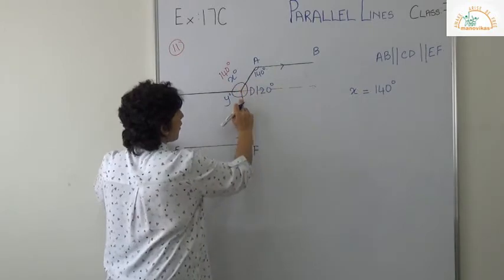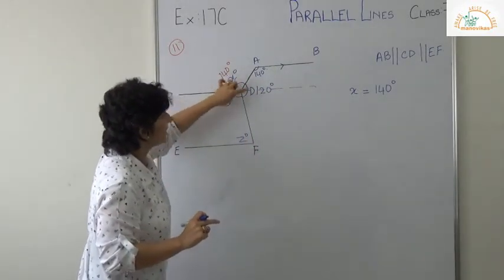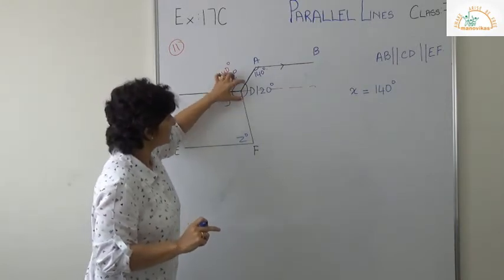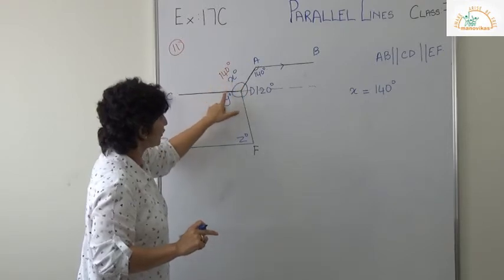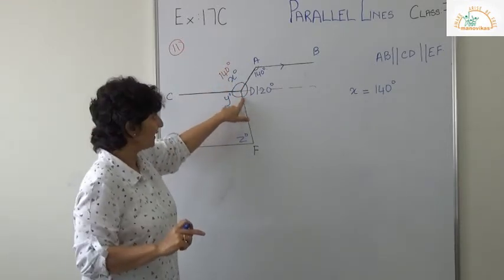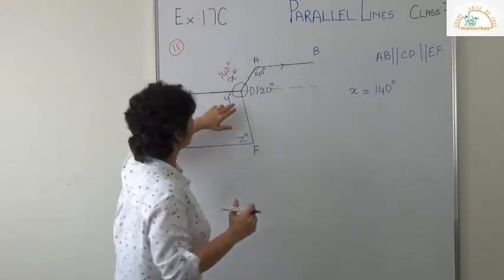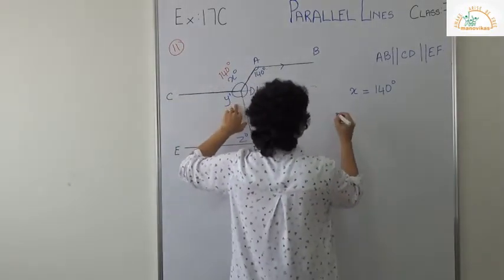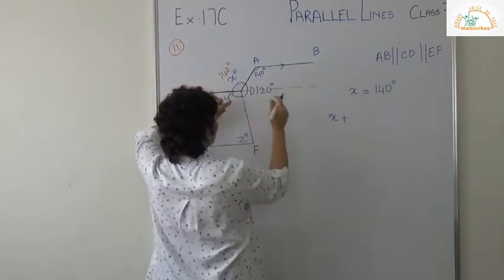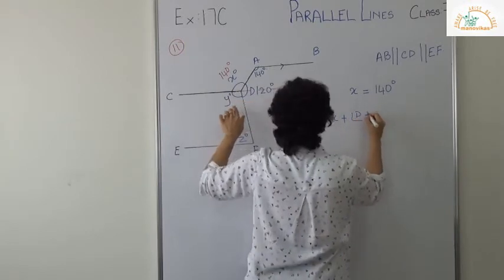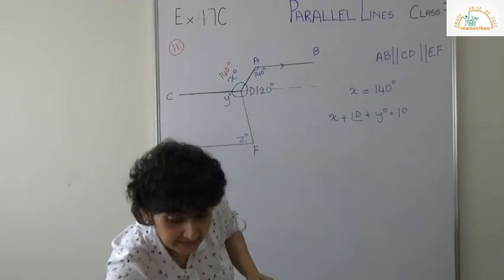Now if you take this whole thing, children, this is 140. Now this full thing is 120. It is here. This full thing is 120. This is 140. So you need to find out y. And you know this is a complete circle, isn't it? So what can I do to find out y? You know x plus this entire angle d plus y degrees is equal to 360 degrees.